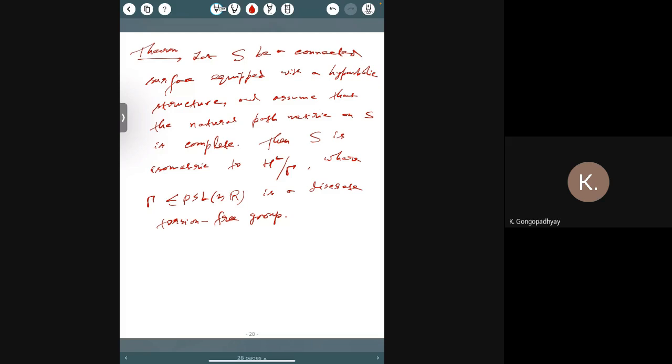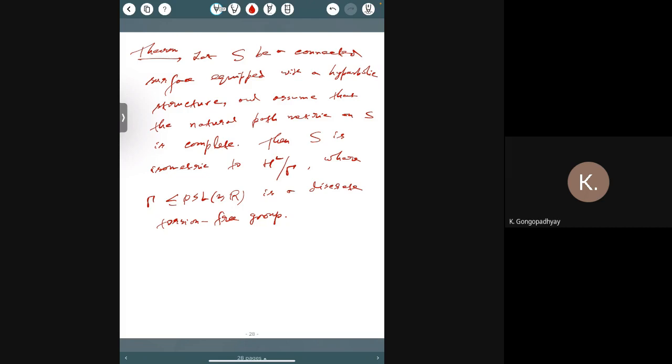It is also known from a result in Riemannian geometry that in dimension 2 there can be at most three simply connected, complete, path connected Riemannian metric spaces: either the Euclidean plane, or the sphere, or the hyperbolic plane.